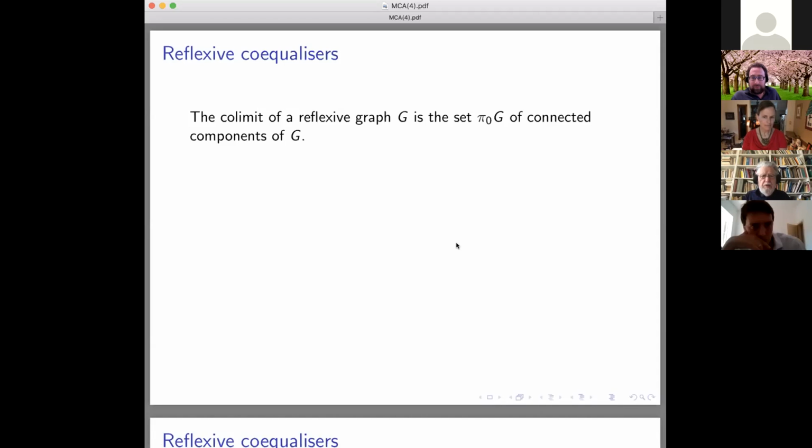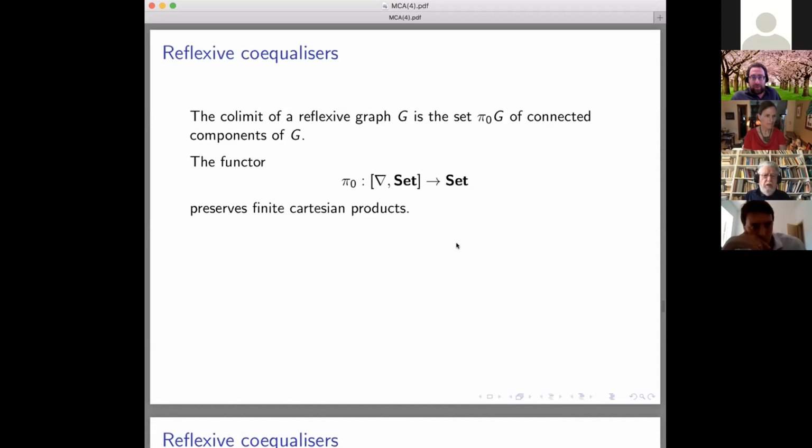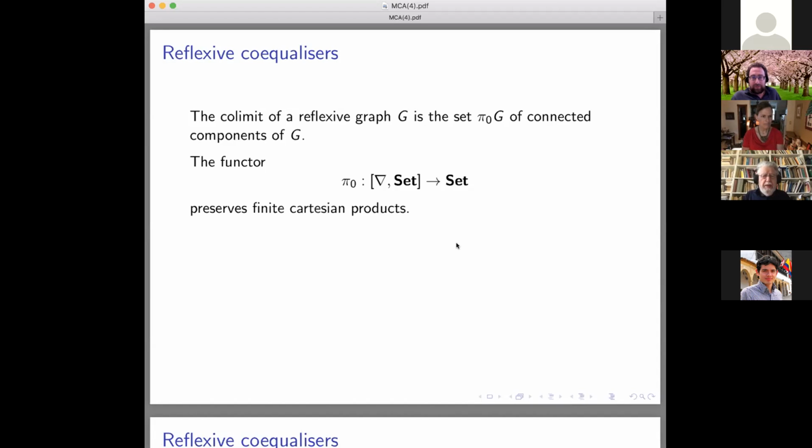The colimit of a reflexive graph is actually the set of connected components of G. It's very easy to check, even visually, that the pi0 functor, the set of components of a graph, sends the Cartesian product of two graphs to the Cartesian product of the sets of components.